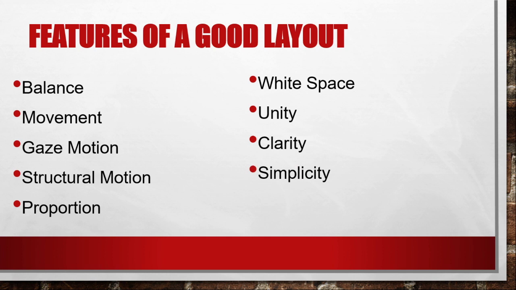Then we have simplicity. Avoid too many elements in the advertisement. Emphasize the most important part or element of the advertisement. That will help the layout to be a proper one and to be approved by your client.